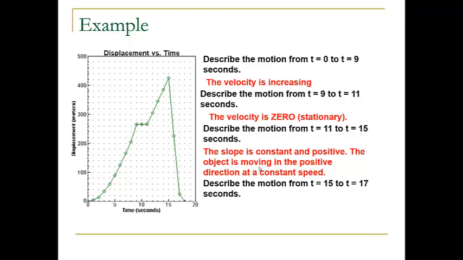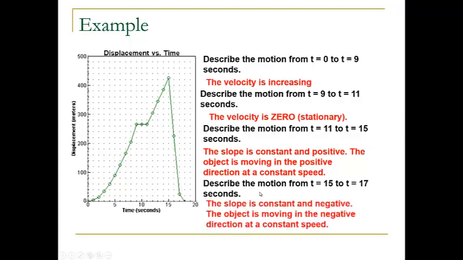And then the last part is from 15 to 17 seconds. During this really steep section right here, your slope is constant and negative. So now you're moving backwards again. Your slope here is really, really steep.